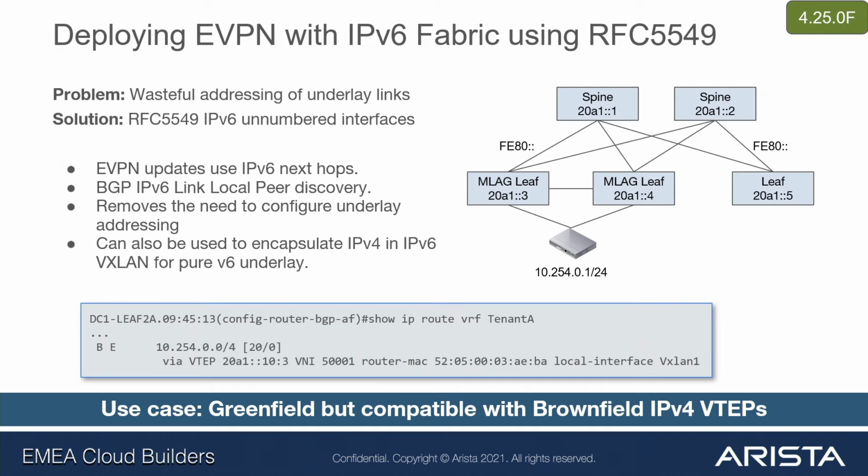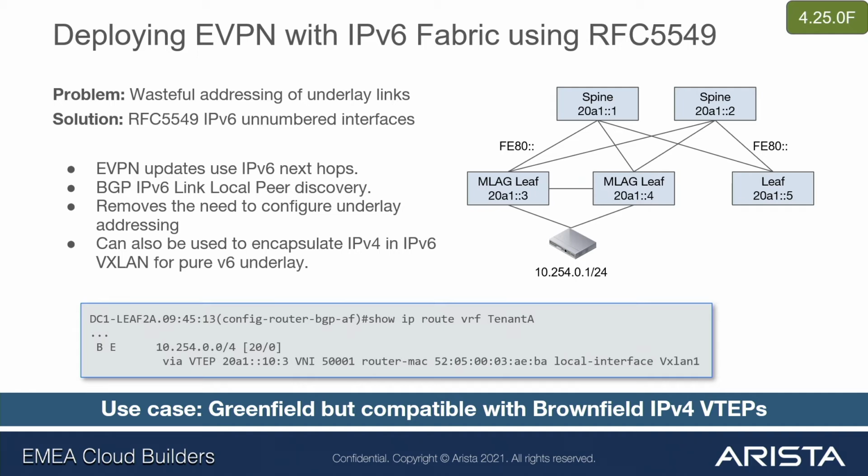If you imagine getting to, say, 50, 100, 150 VTEPs, all of them with multiple uplinks and downlinks, trying to address the underlay becomes quite difficult. So what RFC 5549 allows us to do is create dynamic BGP peerings using the IP version 6 link local address and completely removes the need to use IP version 4 in the underlay.